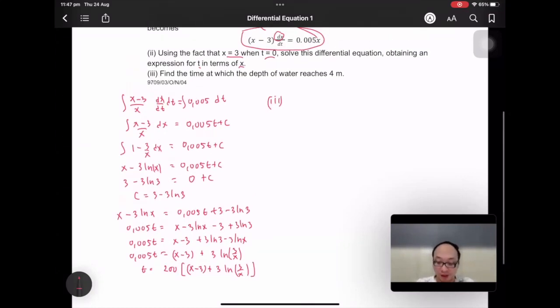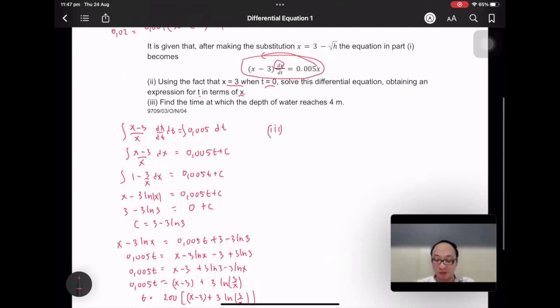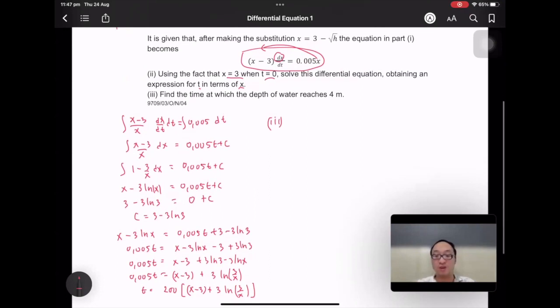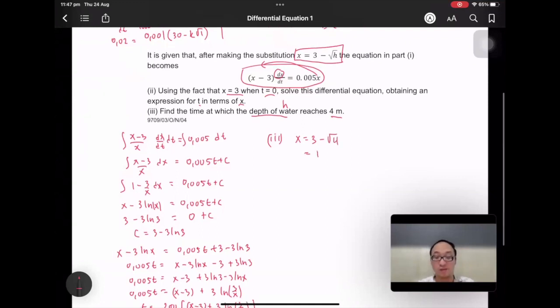Part 3. Find the time at which the depth of water reaches 4 meters. So this is the depth of water, h equals 4. Now we have to change h into x because our equation now contains x. So x equals 3 minus root 4, which equals 1.